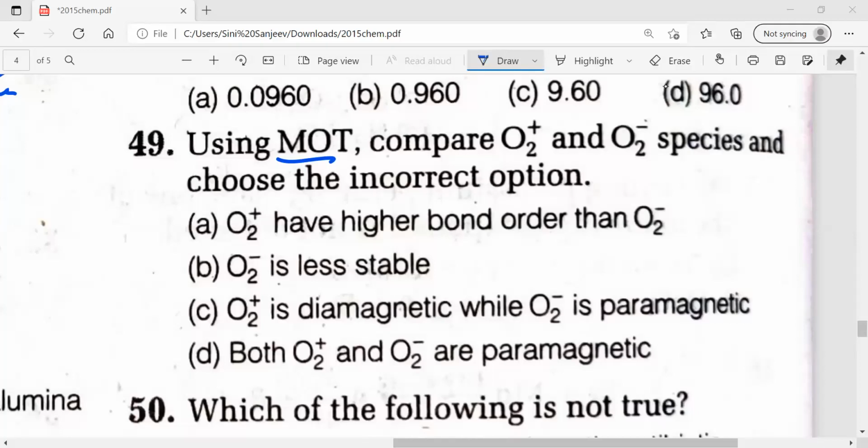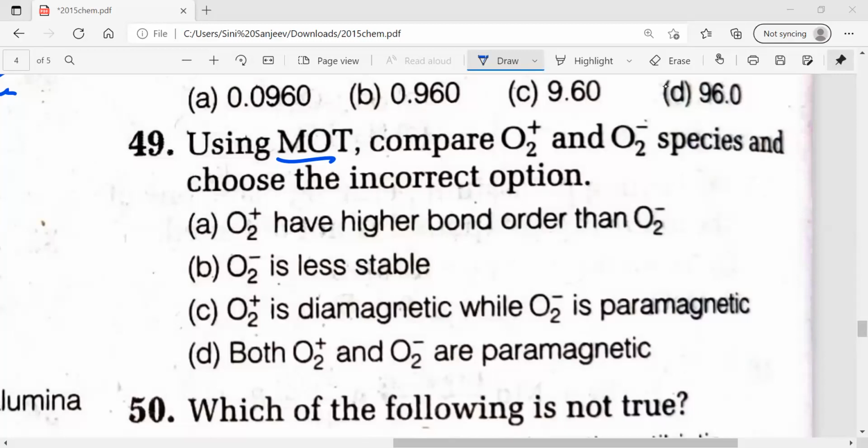49th one, the incorrect question. Is there anyone who does not know what is diamagnetic and paramagnetic?